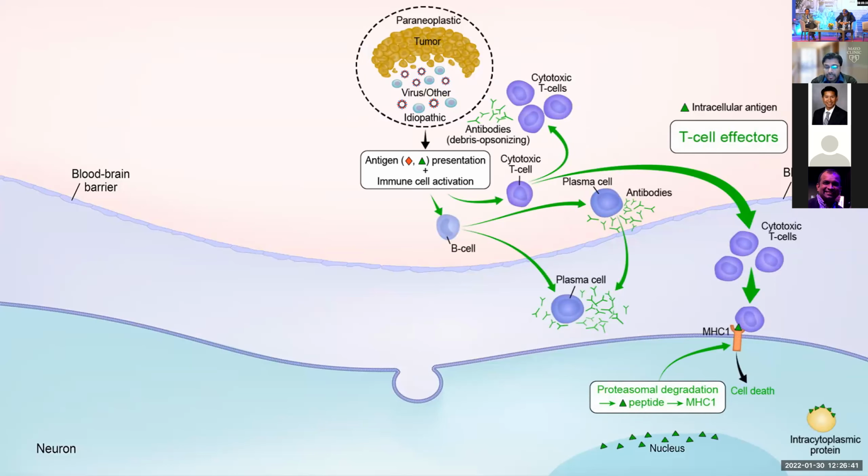We think the antigen not only leads to B cell activation with the help of T helper cells, leading to development of plasma cells and increased antibody production, which work as red flags or biomarkers of disease, but the disease itself is actually being caused by cytotoxic T cells, which we think in many of these cases are attacking the same protein. Some of this initial data came from work done in the late 1990s on anti-Yo antibodies.